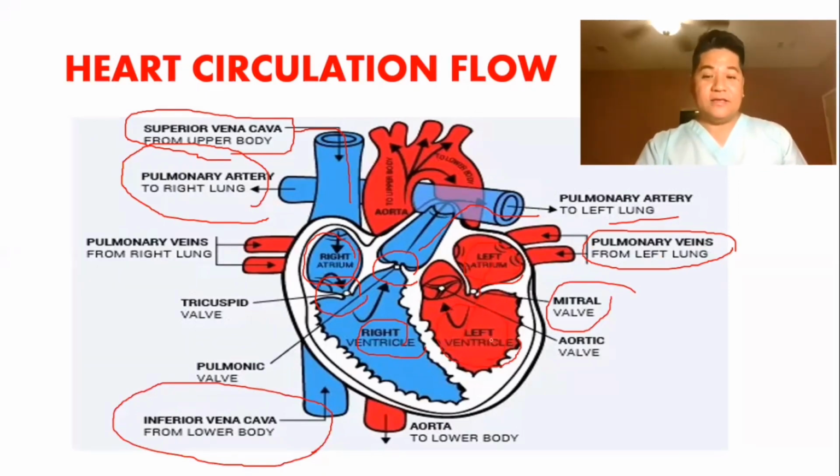Now, since we need the oxygenated blood from the lungs to go out to the body, it will go to your aorta, and there's a valve there called your aortic valve. So the blood flow will go to your aorta. That's why it's big and purely oxygenated. Then it goes again to your body, to your lower extremity and trunk, internal organs, to be used up by your body. So that's your heart circulation.